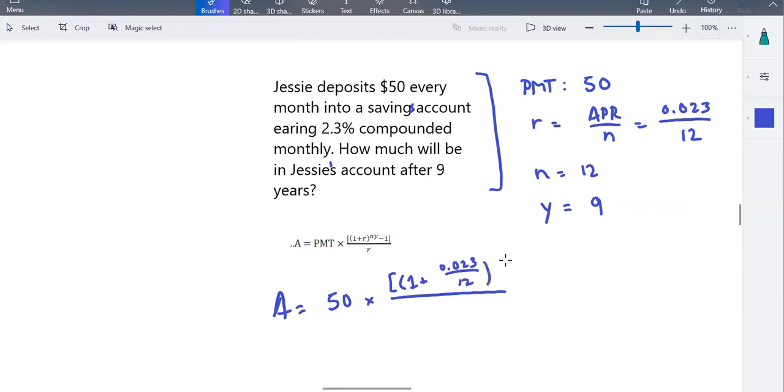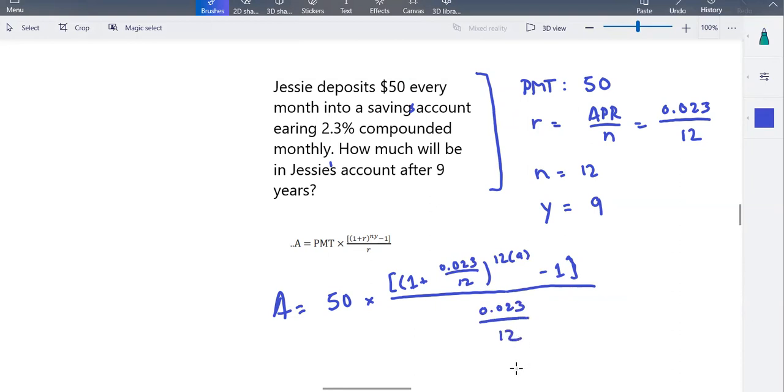And then n times y. I'm going to use parentheses to indicate that I'm doing multiplication. Minus a 1, close those. That's a big fraction. And then 0.023 divided by 12. This is what it looks like.